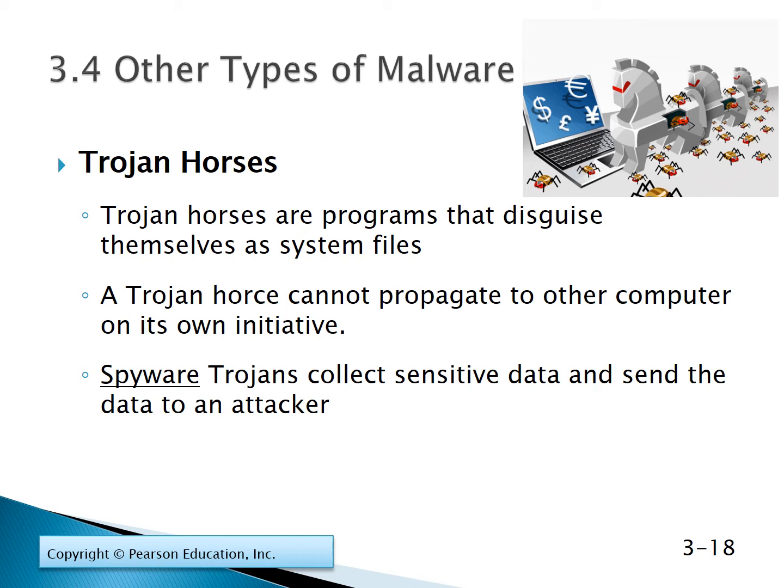Even if you see that in the task manager, you think they are legitimate programs running there, but actually they are doing something illegal, trying to steal your information while running on your computer. A Trojan horse usually cannot propagate to other computers on its own initiative.